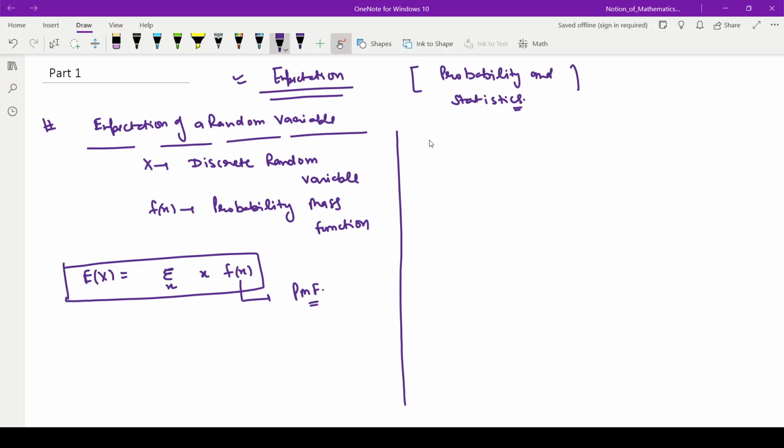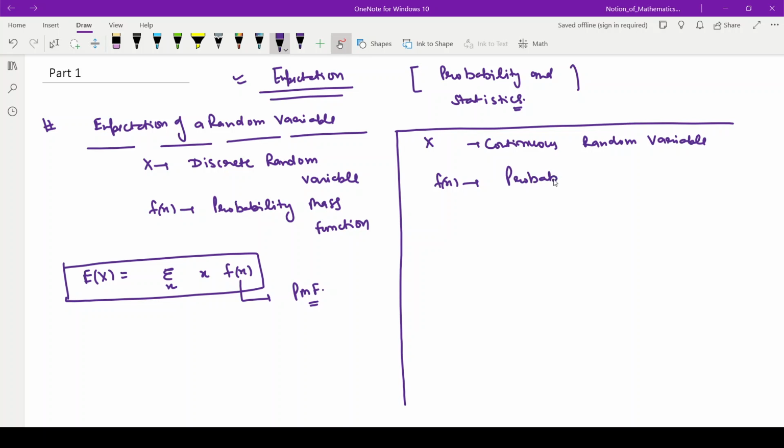If I talk about X being a continuous random variable and f of x being a probability density function, it is just like a probability density function.